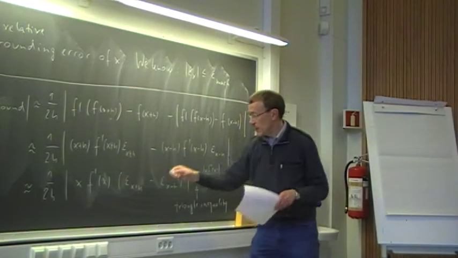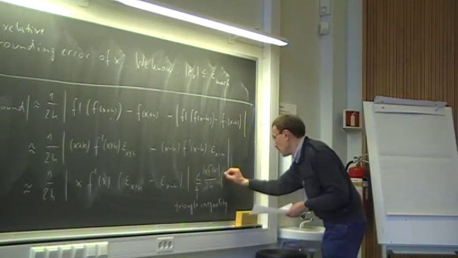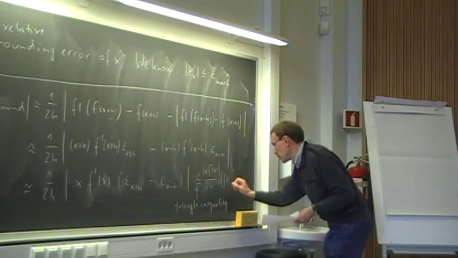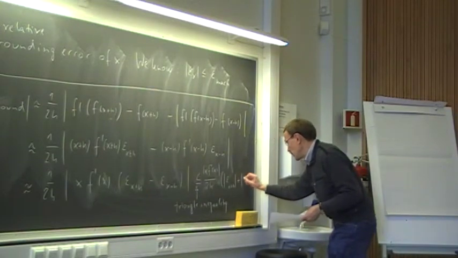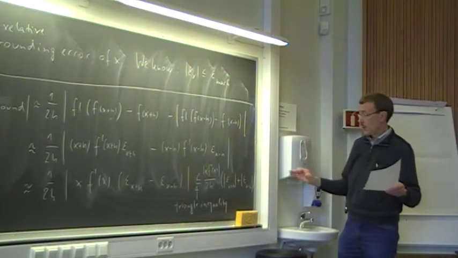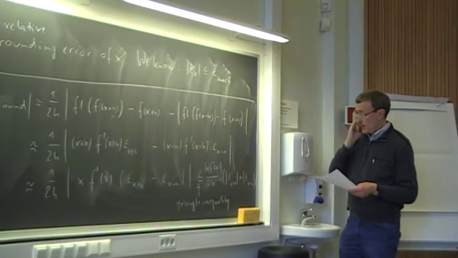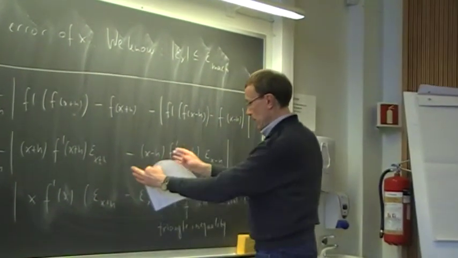And then here we can individually use the absolute values, epsilon of x plus h plus epsilon of x minus h. So you see what we do is we take the absolute value of that plus the absolute value of minus this.